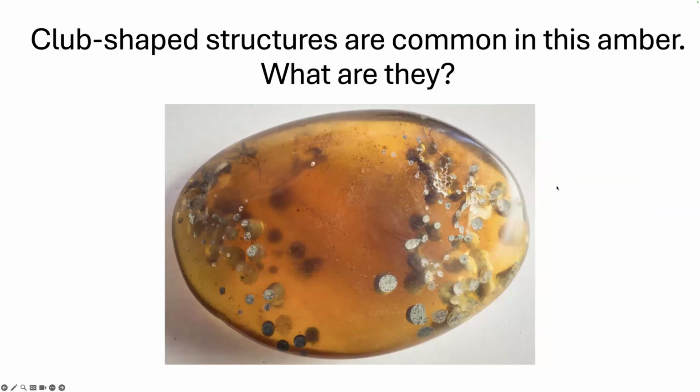All right, so many specimens of amber from Myanmar show this feature that's on the slide right now. You can see there are these circular sections, and there's this expanding geometry as you go from the outside of the amber towards the middle. And what are they?